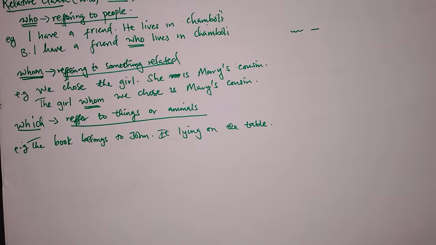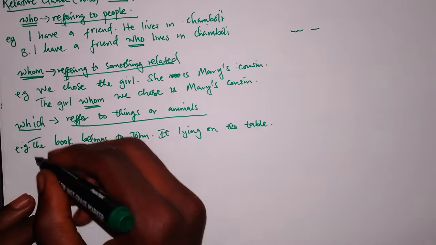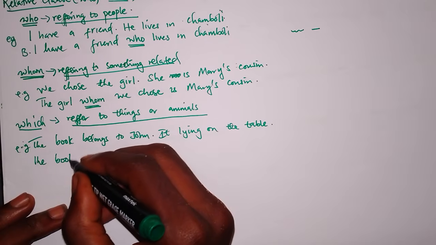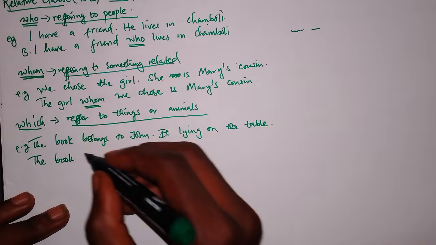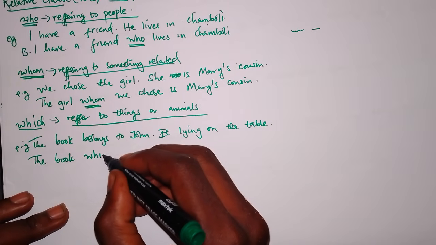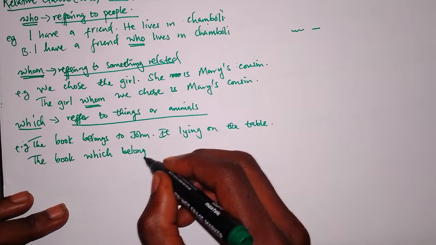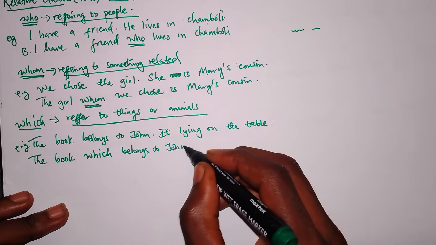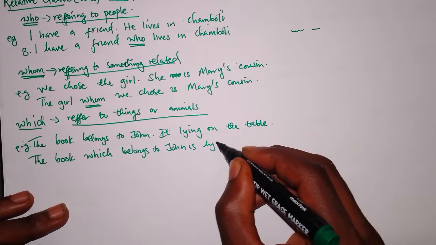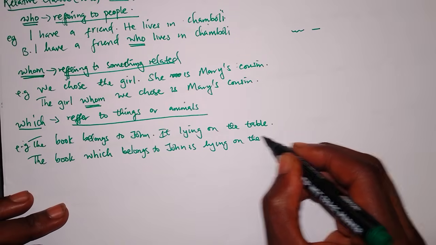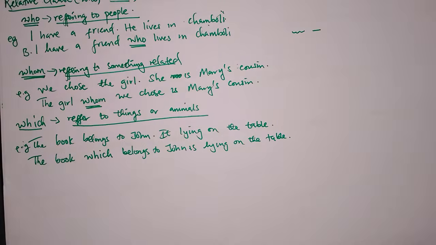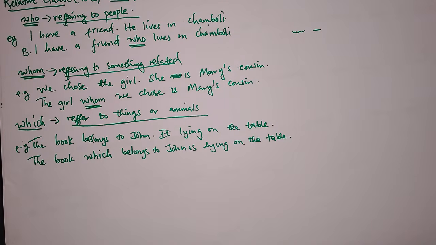First thing you have to know is what you are talking about. We're talking about the book. So they say, the book which belongs to John is lying on the table. So these relative clauses are the clauses we use when we are joining two sentences.